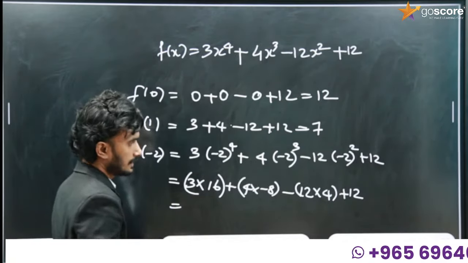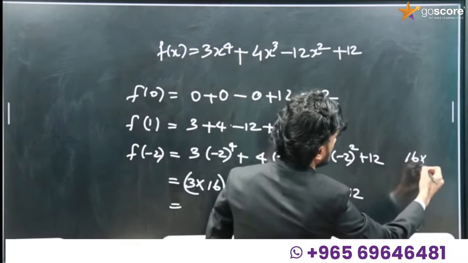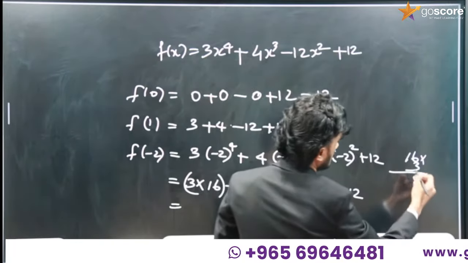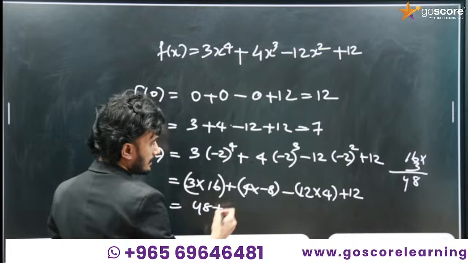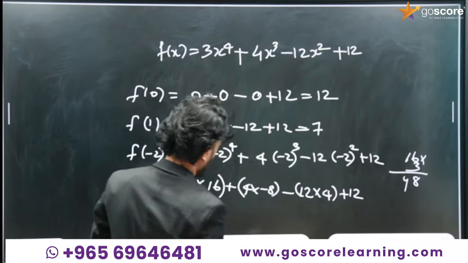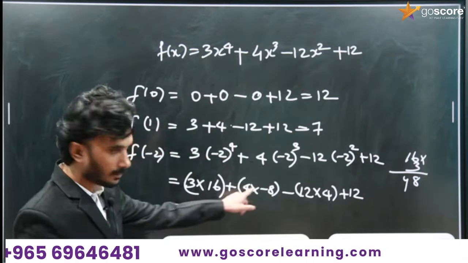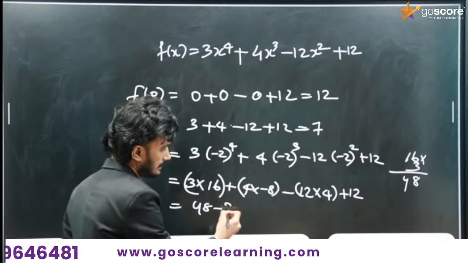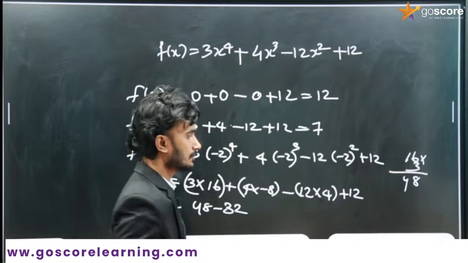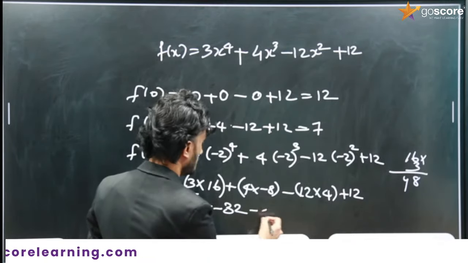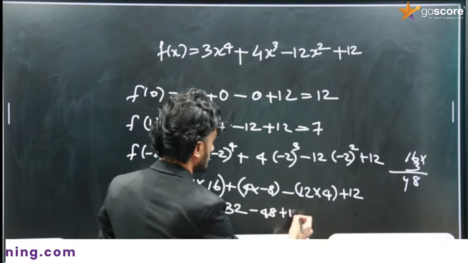So 16 into 3 is 48, 48 plus 4 into minus 8, it is minus 32. Then 12 into 4 is minus 48, plus 12.